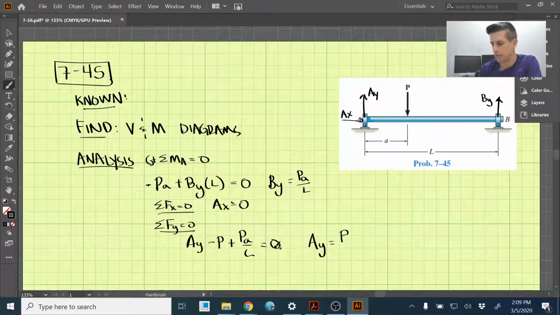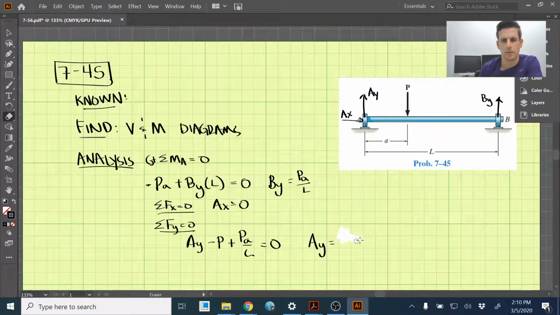Setting that equal to 0, let's see, what does Ay come out to be? All right, bring Ay over to the other side. We have negative P plus PA over L, and then we'll flip the sign on that.